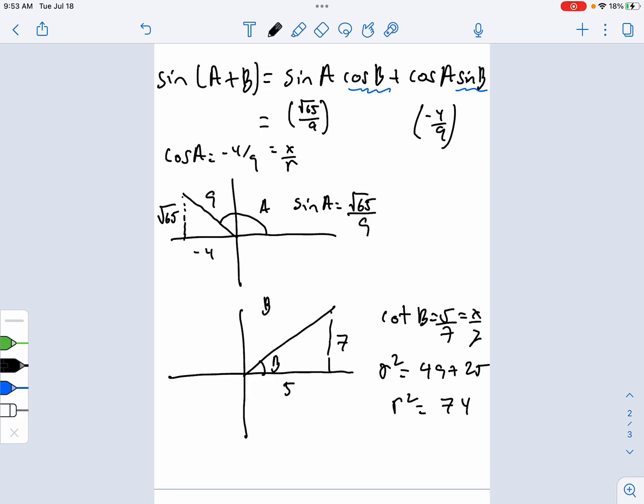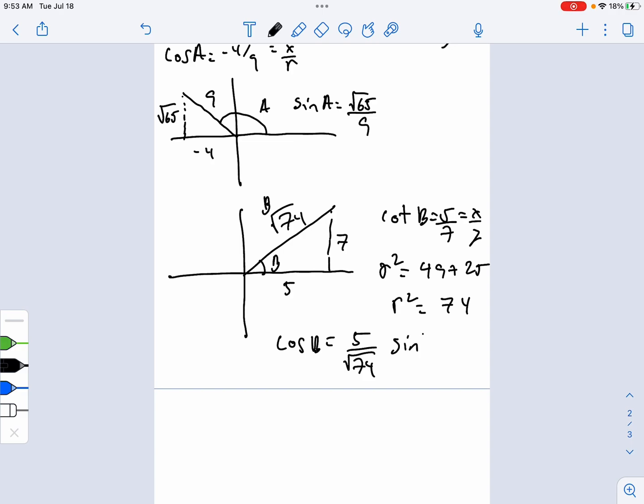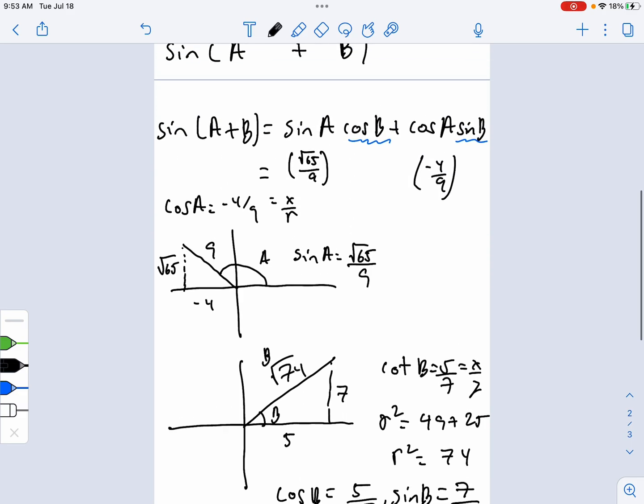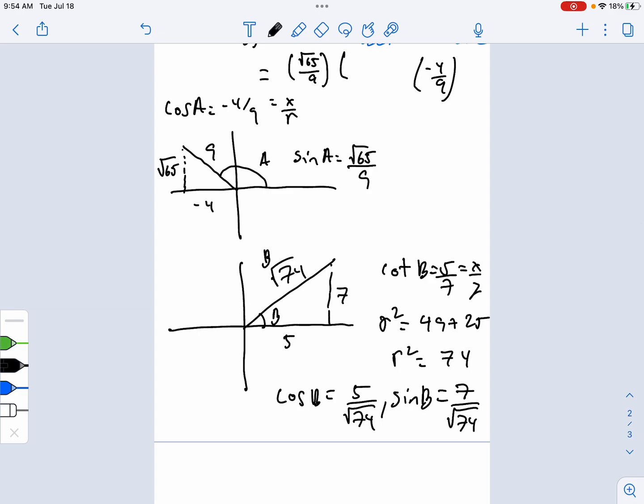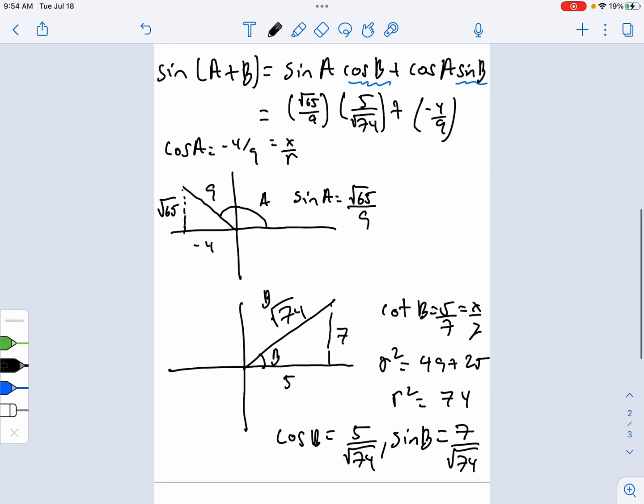So the square root of 74 is what we would have. For the cosine of B, that would be 5 over the square root of 74 because it's x over r. And for the sine of B, it would be 7 over the square root of 74. We'll just put that in here: 5 over the square root of 74 plus, and then sine of B is 7 over the square root of 74.